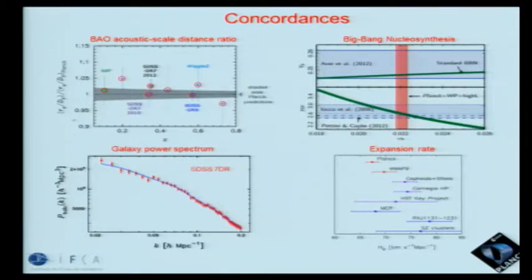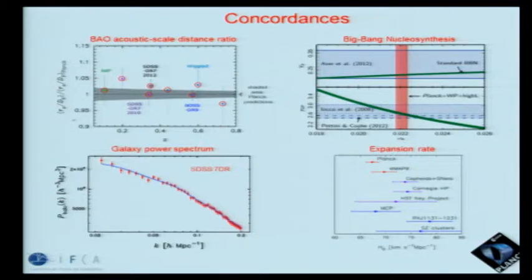Planck is measuring this at a redshift of 1,000. So extrapolating from Planck, this is what you expect, this gray band. And this is what has been obtained by the different surveys, 6-degree Field, Sloan, BOSS, WiggleZ, etc. And you see the nice agreement.